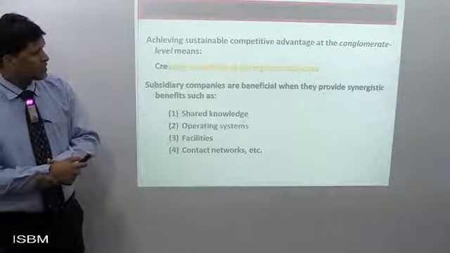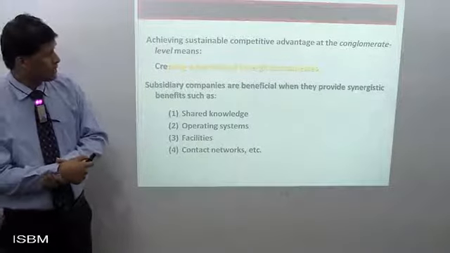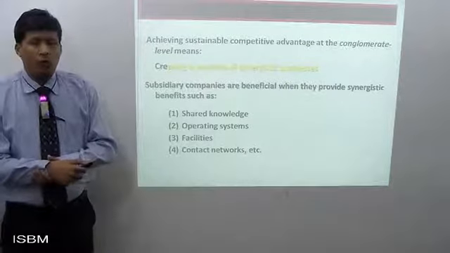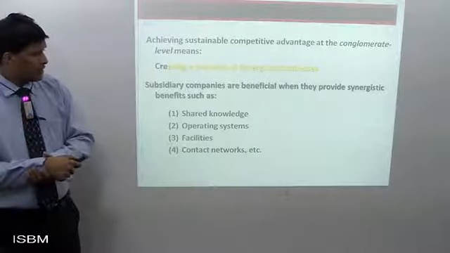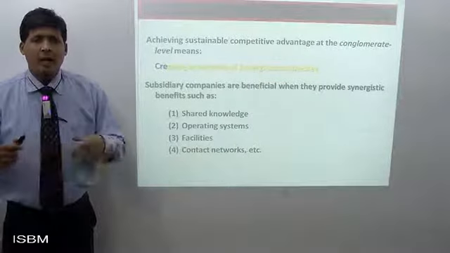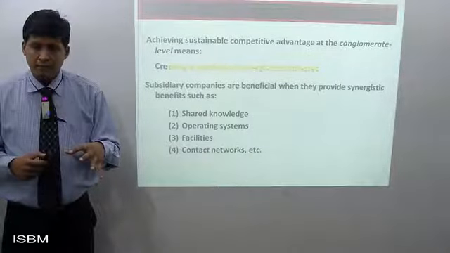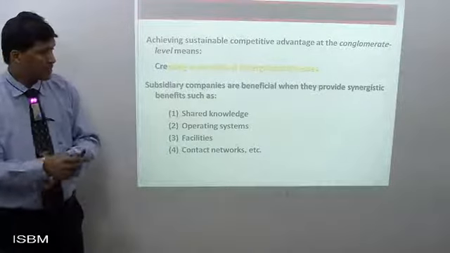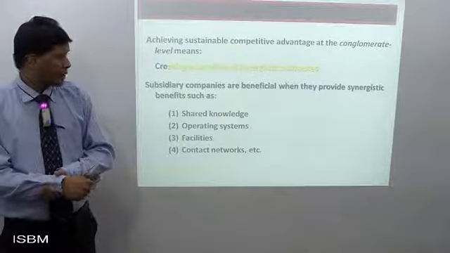Okay, so achieving sustainable competitive advantage, when you look at level 2, that is the conglomerate level, means creating a portfolio of synergetic businesses. What does it mean? It means subsidiary companies. Now when we are seeing a conglomerate, we are looking at how companies can either buy out a different company, or look for a JV or joint venture, based on the kind of product portfolio it has. So subsidiary companies, when they are taken over, need to provide synergistic benefits.